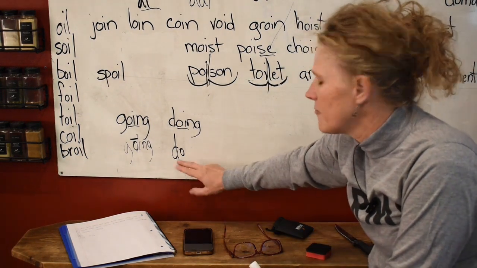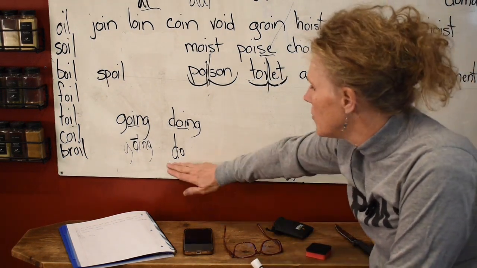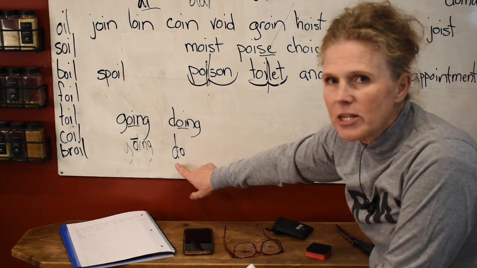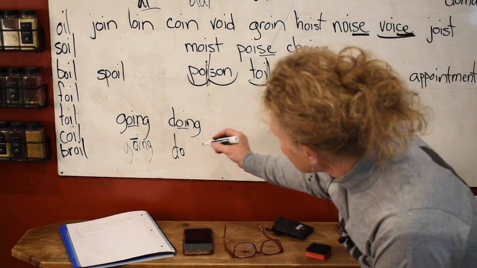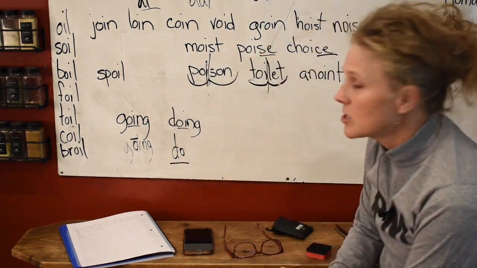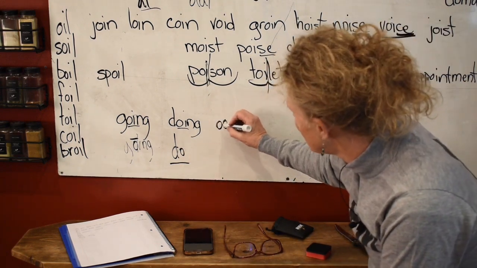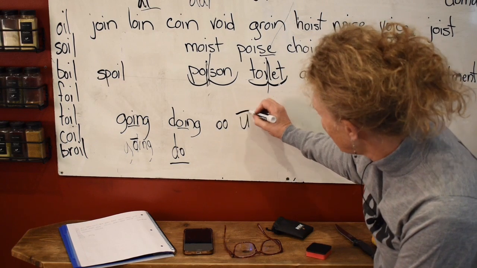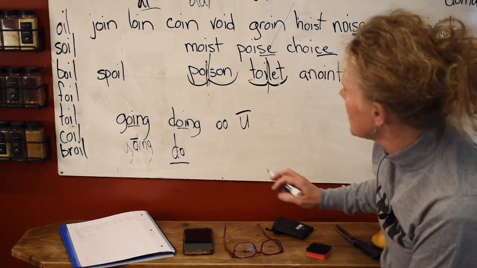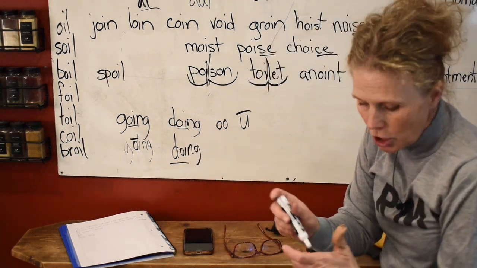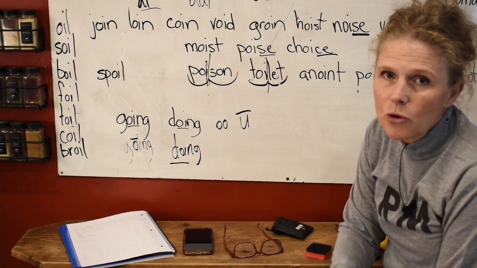It's actually not following the spelling rule. This is a word we use all of the time in our English language, and it's a helping verb. And so you just need to remember that it's saying the double O sound, or the long U sound. I would say the long U sound, really. And then you're just adding your ing. It's not doing. It's doing.